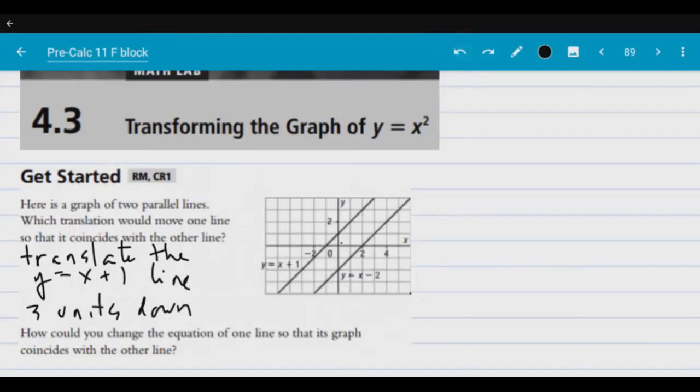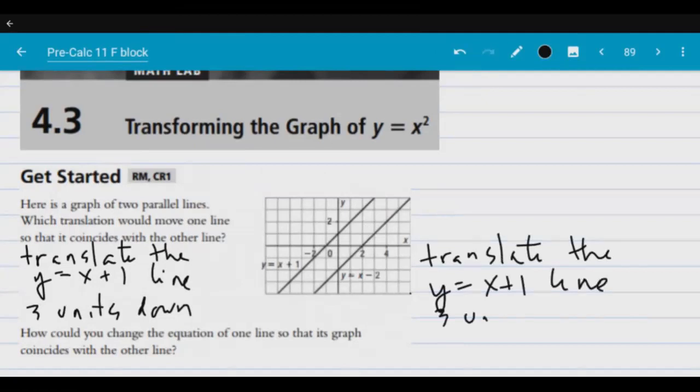We move it 1, 2, 3 units to the right. So you can also do this: translate the y equals x plus 1 line 3 units to the right.